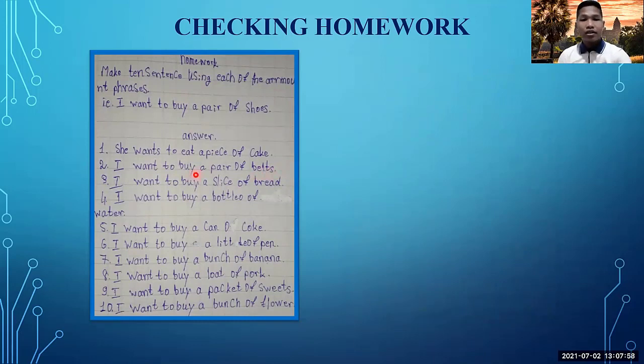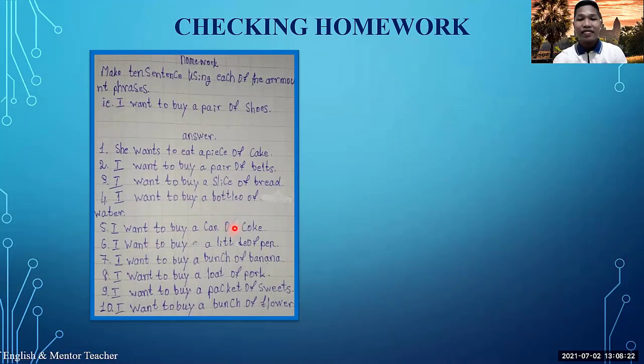Consider number 2: I want to buy a slice of bread, which is correct. Number 4: I want to buy a bottle of water. That is also right. Number 5: I want to buy a can of Coke. Maybe you erased it, but you forgot to write the letter F here.